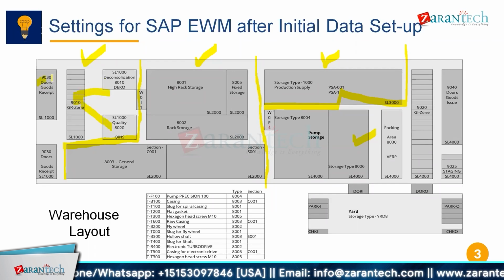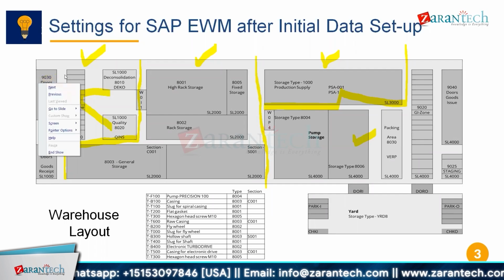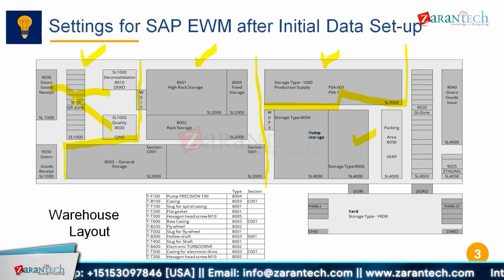Before that, we may be unloading the stock from the trailers. When the truck comes, you scan the pallet, do the goods receipt, and then take the pallet to a GR area. From there, it can go to quality, deconsolidation, or directly to the warehouse bins.